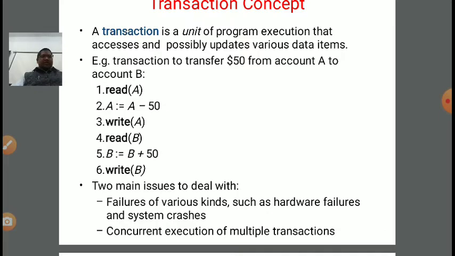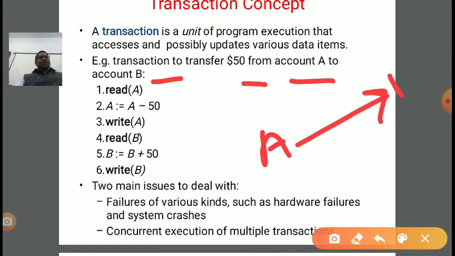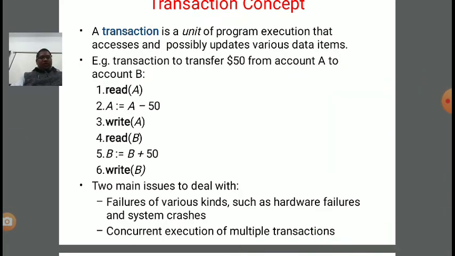Now, the example which I just took, how do we write down the operations or steps in technical terms in a database? See, the example is: suppose I want to perform a transaction to transfer $50 from account A to account B. Now how to do it?